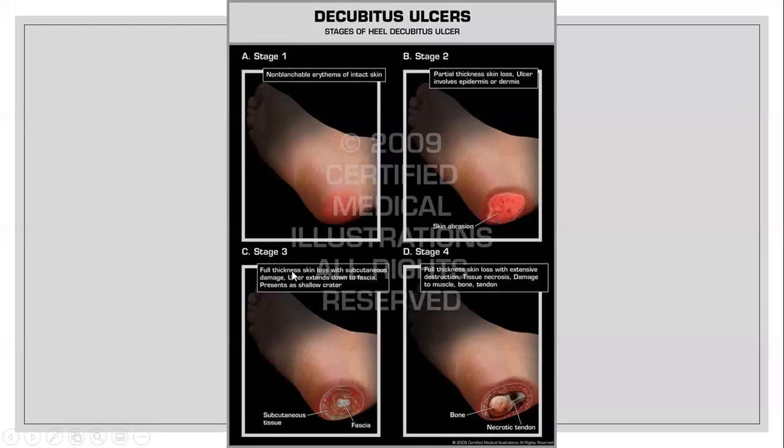Stage 3 is full thickness skin loss with subcutaneous damage. The ulcer extends down to the fascia. Pressure ulcers appear as shallow craters. You see what the subcutaneous tissue and fascia look like. Stage 4 is full thickness skin loss with extensive destruction, tissue necrosis, and damage to the muscle, bones, and tendon. Bones get involved in stage 4.